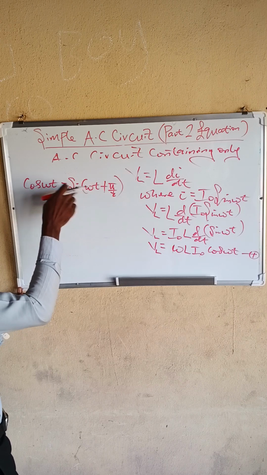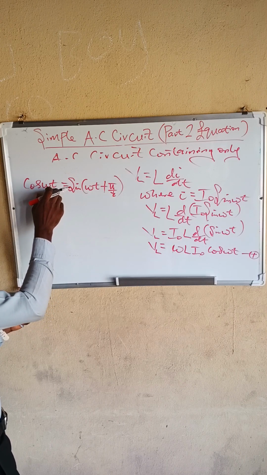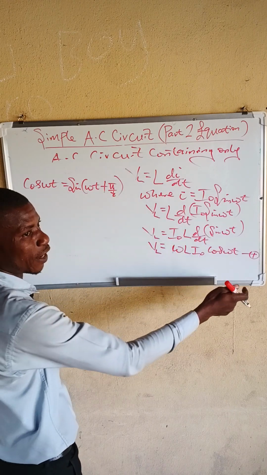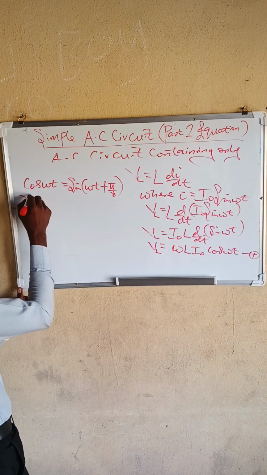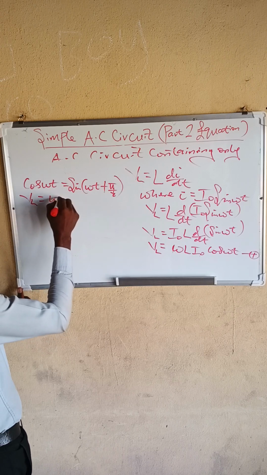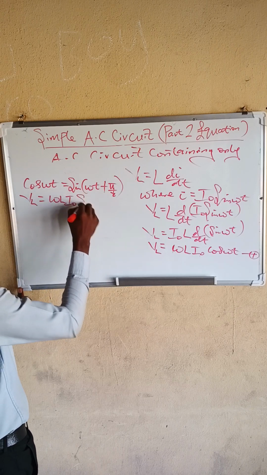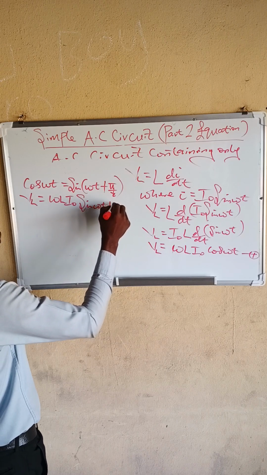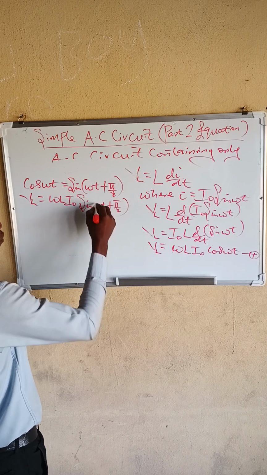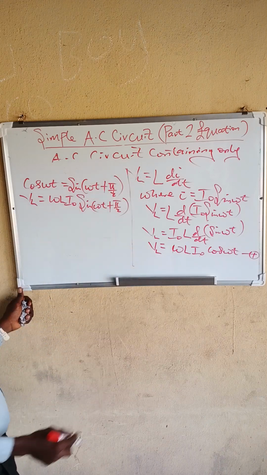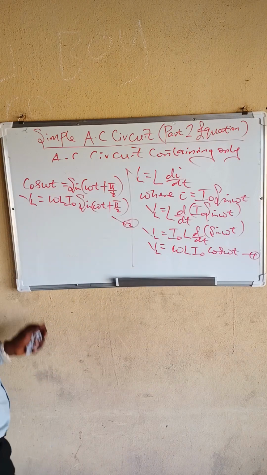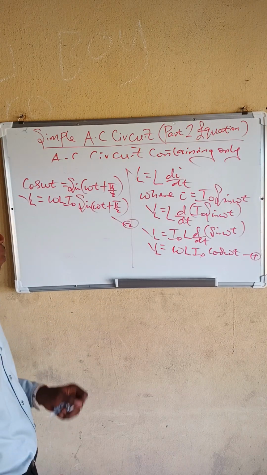So by the time I substitute, wherever I see cos omega t here, I will substitute sine omega t plus pi over 2. And if I do that, I will have this. This is omega L I naught sine omega t plus pi over 2. So that is what it gives. I can call this equation 2.